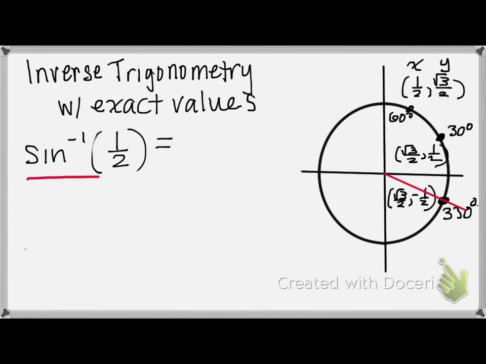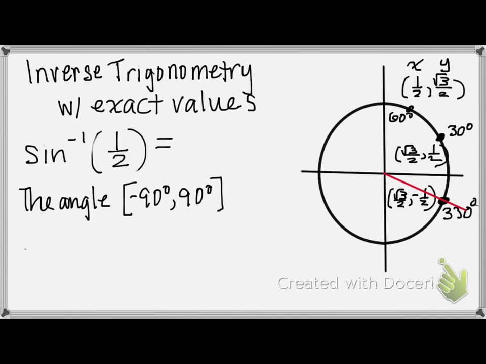So if you read this, you're going to say it's the angle, and again we're going to go between negative 90 degrees and 90 degrees, and I'm talking in degrees here because I think you're probably more comfortable with that, but we have to be able to talk in radians too. So we would have to be able to convert that and say negative pi over 2 to pi over 2 radians. But we'll just stick with degrees now, since this topic is challenging enough without throwing radians in there for you.